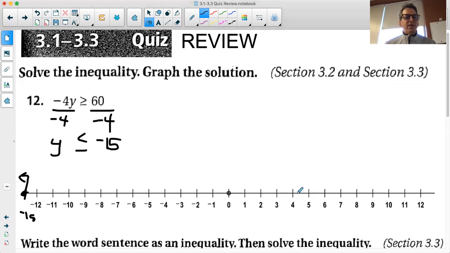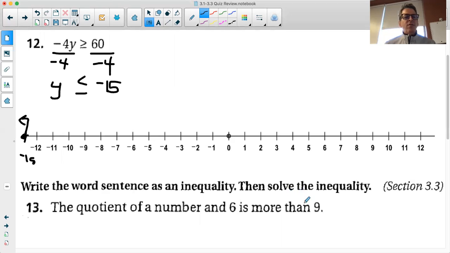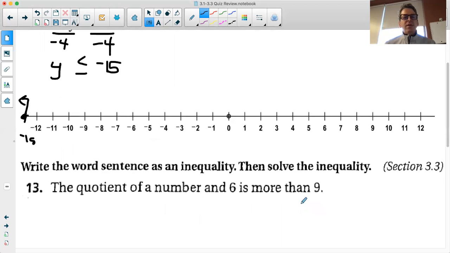We skipped 15 and 16. So it says write the word sentence as an inequality, then solve the inequality. Number 13, the quotient, which is division, of a number x and 6 is more than 9.